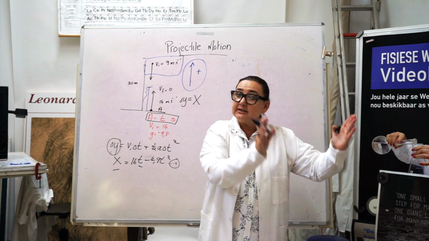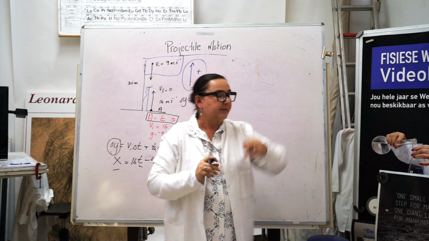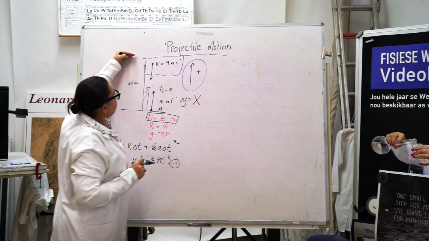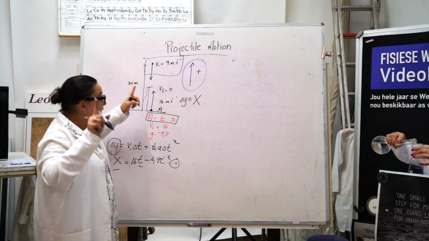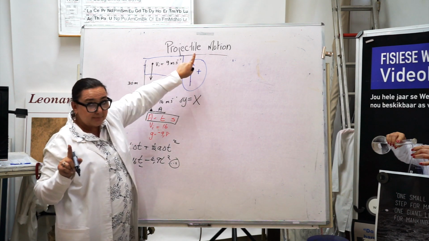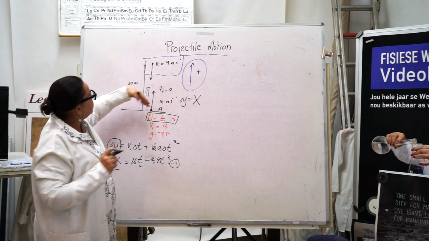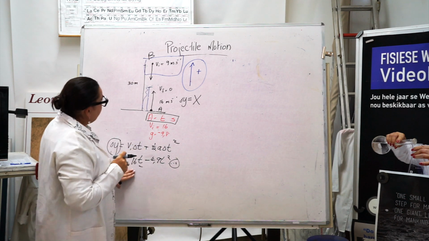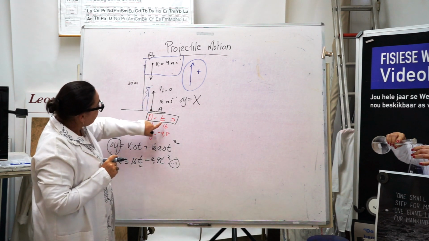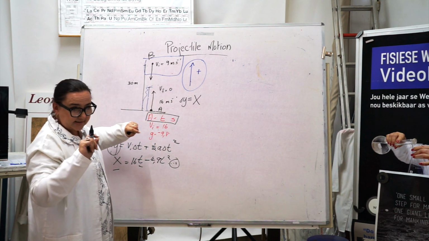Now let's have a look at B. What is the motion of B? B is traveling downwards. We've got to focus because we chose up as our positive value. Now if I look at ball B's movement, I already have that the time for A moving up is t seconds.